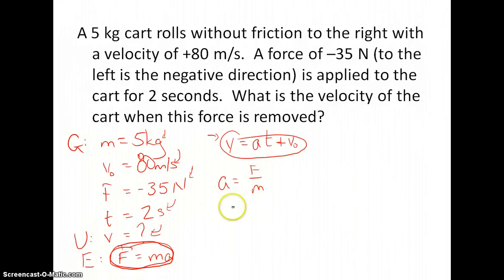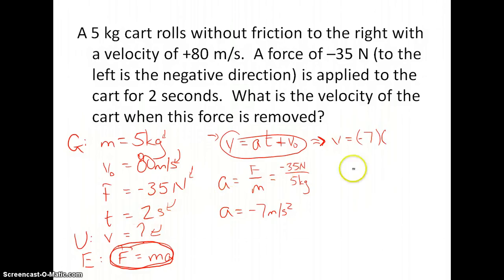So let's start plugging in some numbers. The force being negative 35 newtons and the mass being 5 kilograms gives us an acceleration of negative 7 meters per second squared. Then we can start plugging numbers into this one up here. Velocity is equal to the acceleration, negative 7 meters per second squared, multiplied by the time, which was 2 seconds, plus the initial velocity, which was 80 meters per second.